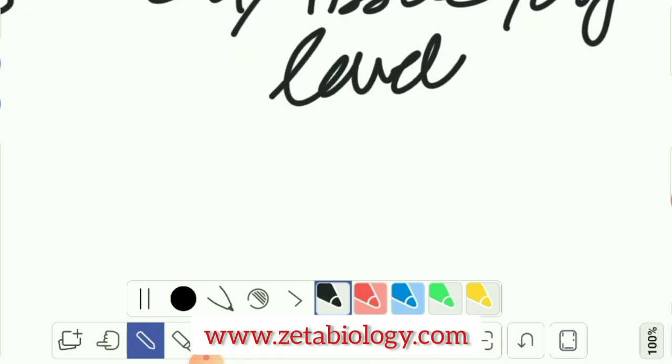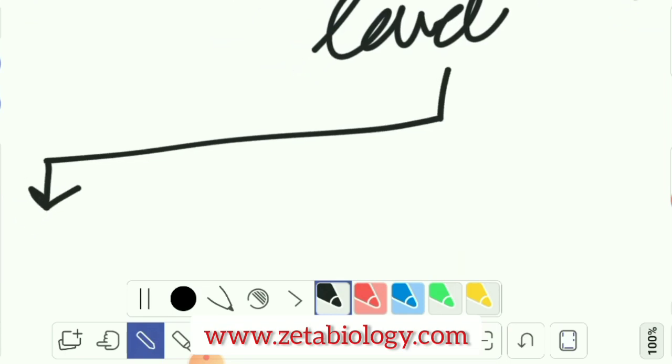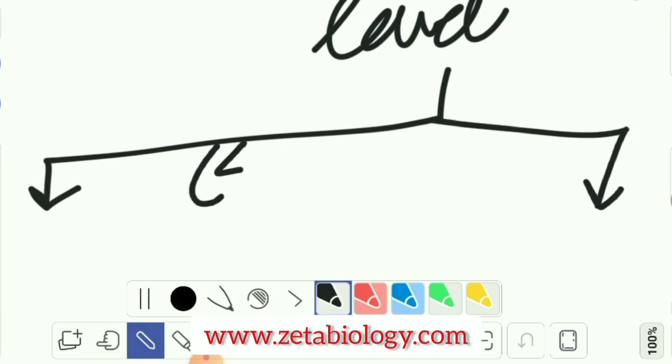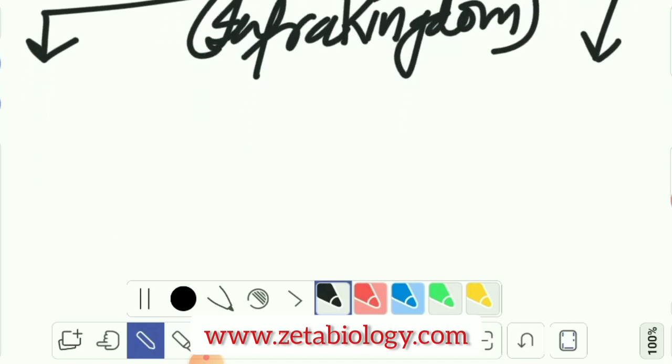Now, Metazoa is further subdivided into infrakingdoms. And it is further divided into three infrakingdoms.